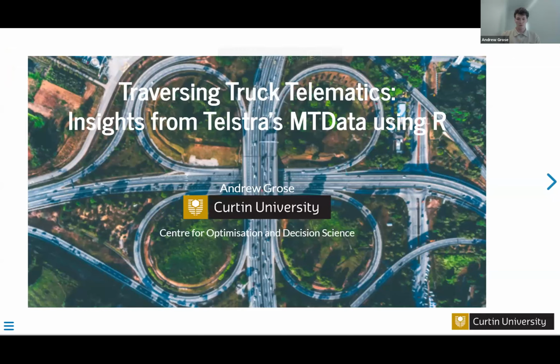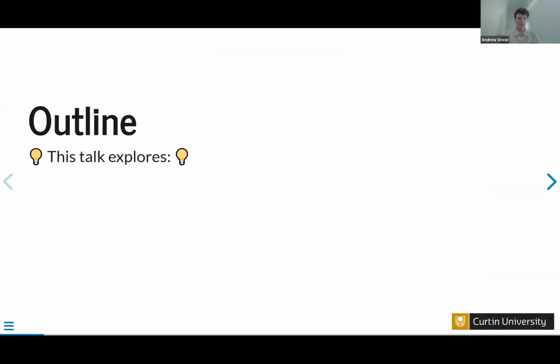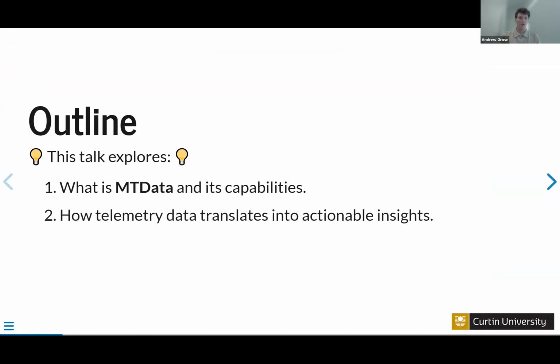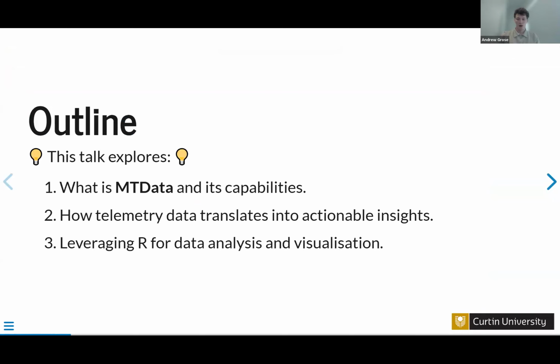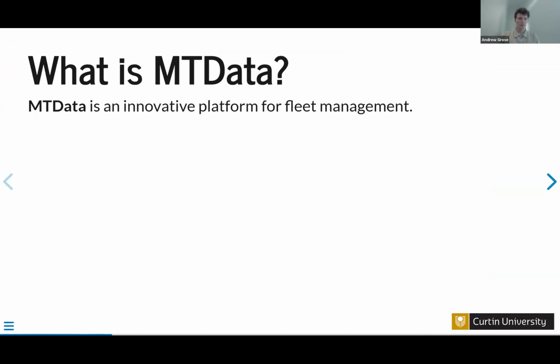Yep. So today I'm going to be providing an explanation and insight into telematics through a company called MT Data. So this will involve how it typically works, and some of the lessons I've learned when using R in terms of data analysis and visualization. So what is MT Data?